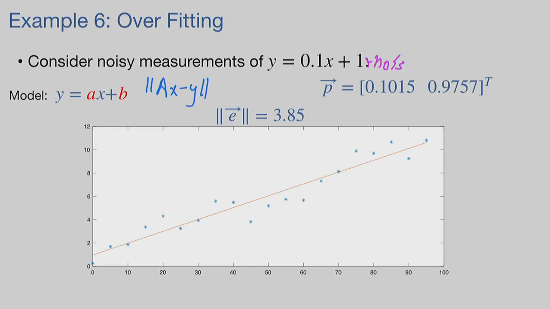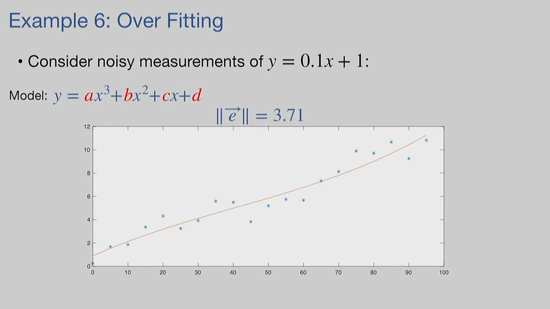Now the norm of the error is actually 3.71. It's lower. This actually fits better. Look, it kind of wiggles nicely around those points. It's closer. So maybe that's better.